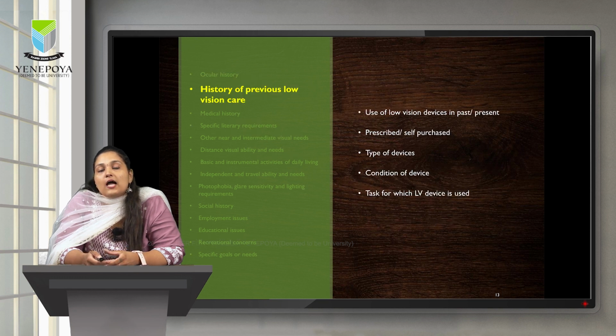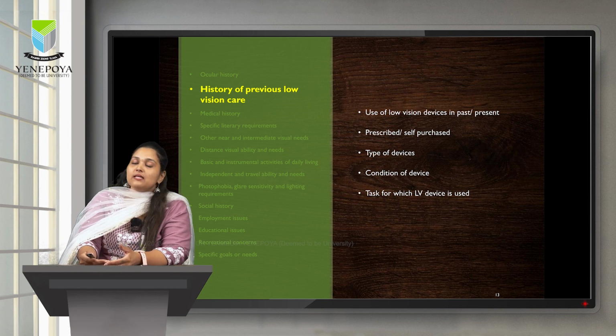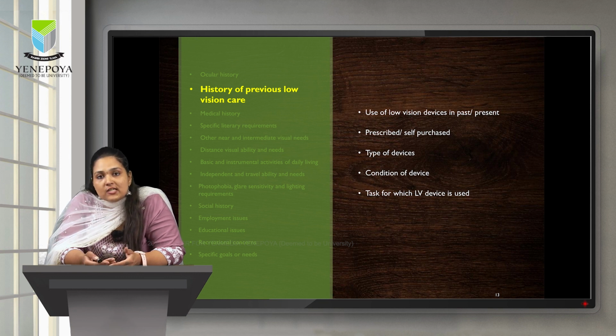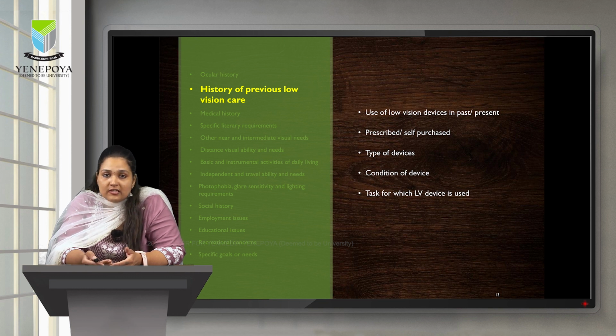Next, I will ask about the history of previous low vision care, whether he has gone to any other low vision specialist and has already been using low vision devices. If he is using a low vision device, I will ask whether it was prescribed by a low vision specialist, or he saw it somewhere, purchased it, ordered it, and is reading the instructions and using it.